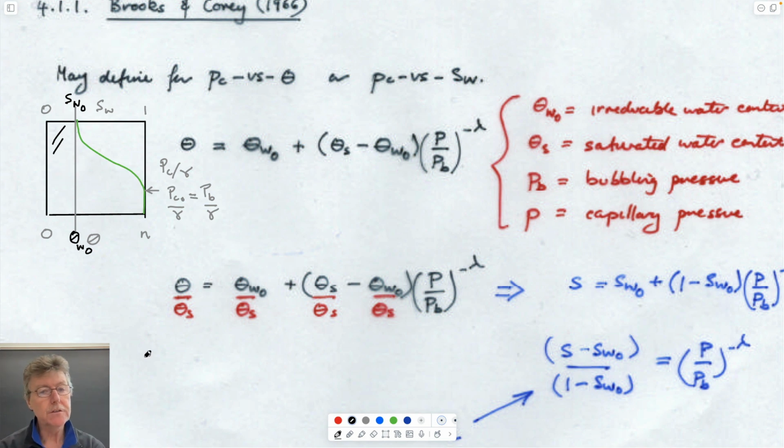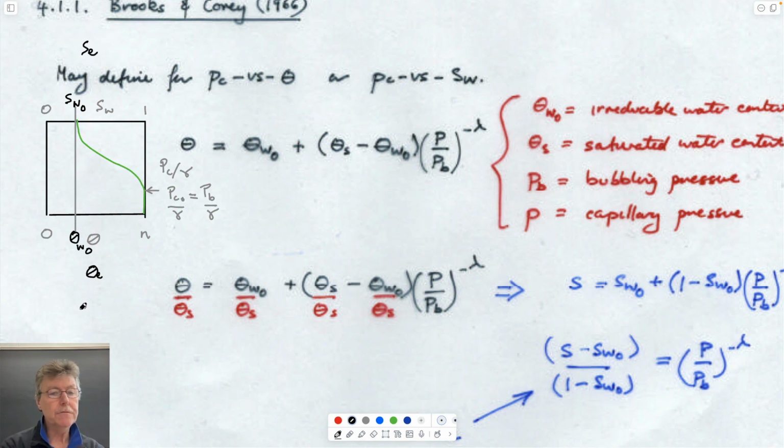So what we could do is change the volumetric content to something we're going to call the effective volumetric content, or the effective saturation.